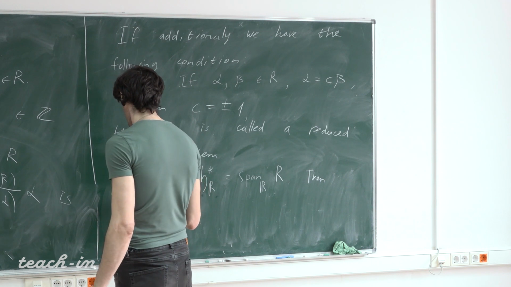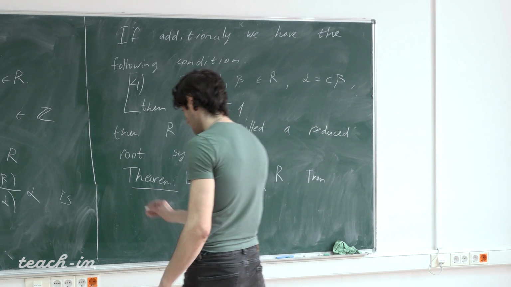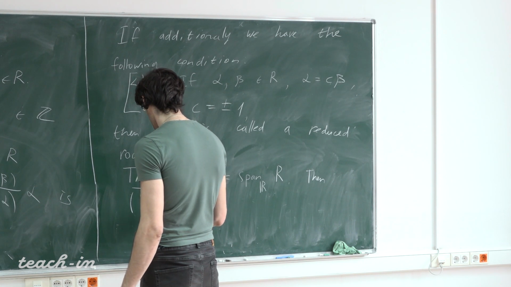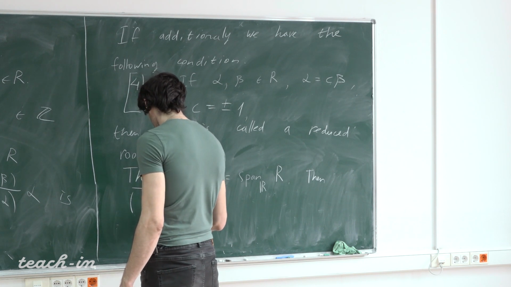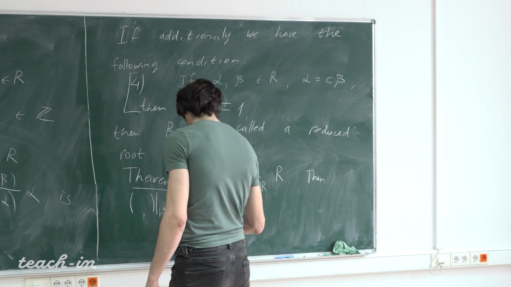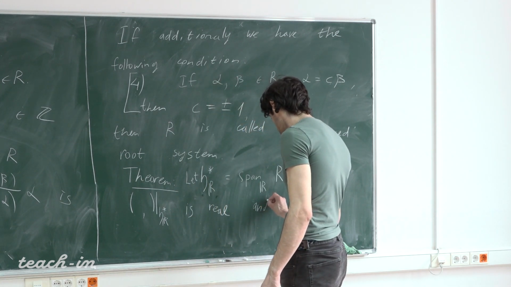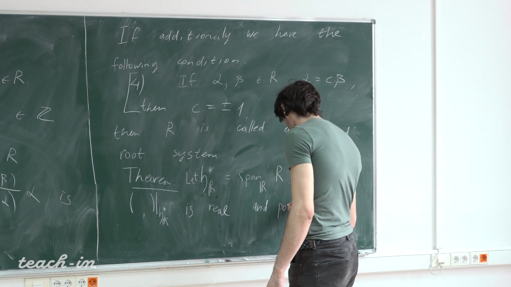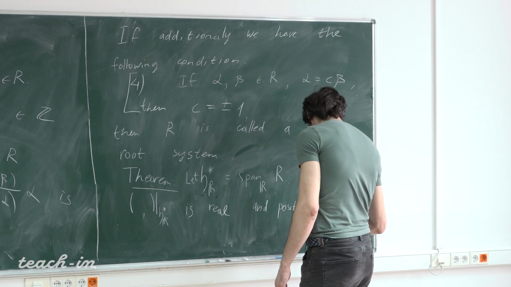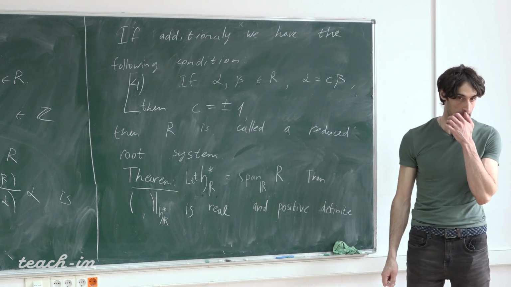Then this form that we introduced on H star, restricted to H star R, is real and positive definite. Thus making H R star to be a Euclidean space.